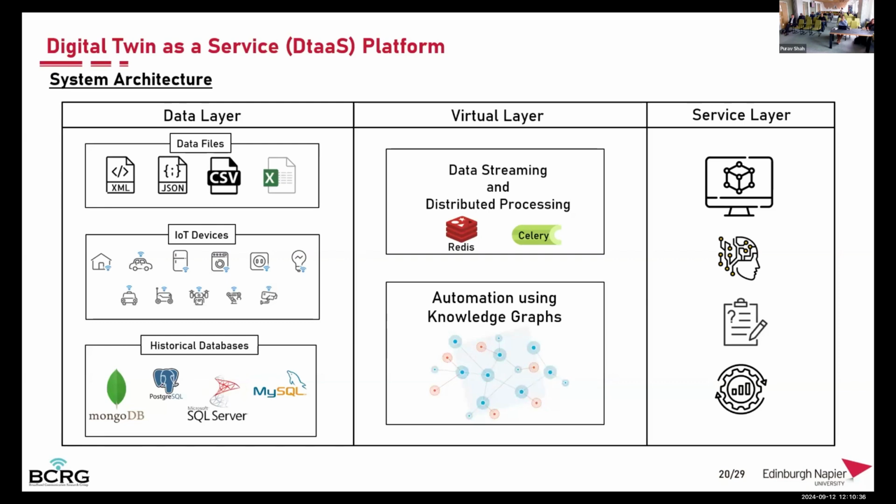Once we collect them, if there are different types of data and huge data, the best thing to do is to use knowledge graphs to build the virtual layer. You can also use data streaming and distributed processing from different types of services. And finally, in the service layer, we can come up with different types of scenarios.